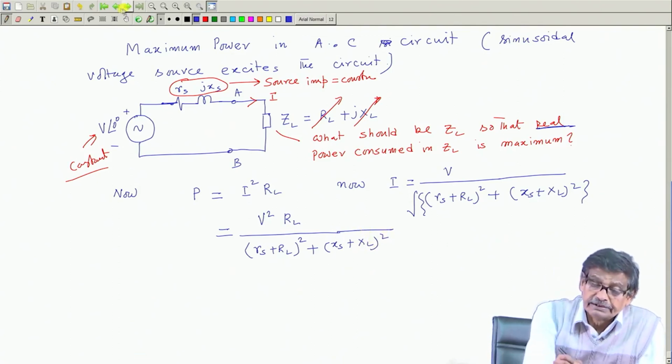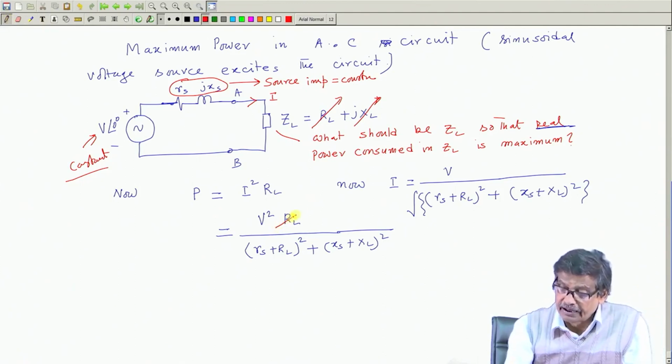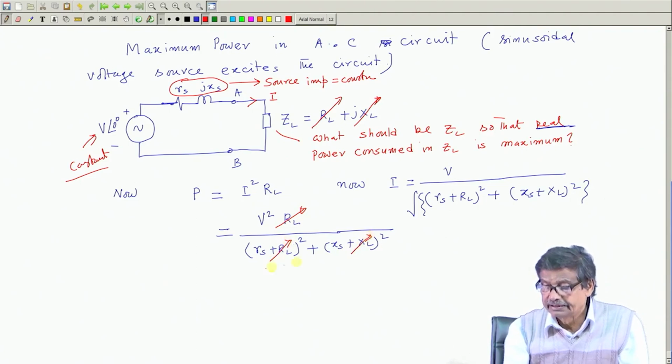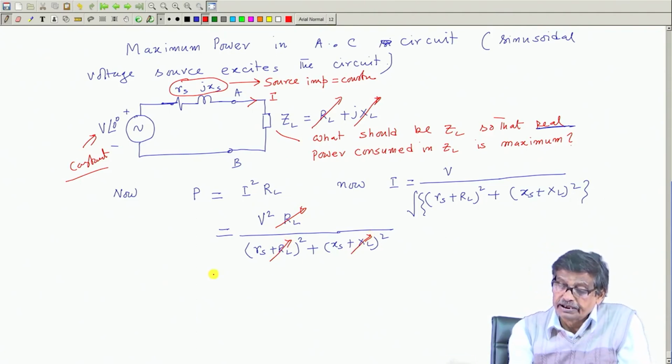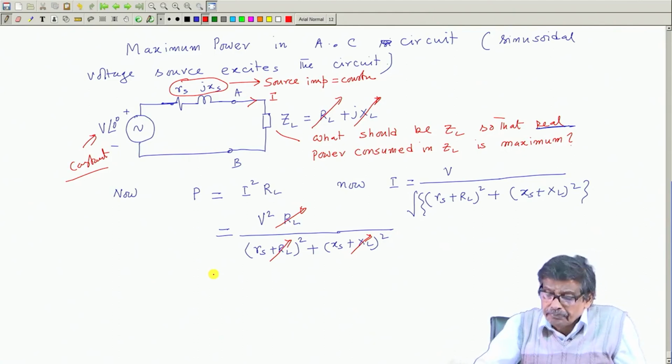And in this expression, what are the things I will be varying? I will be varying RL as well as XL, other things are constant. I want to find out what should be RL and XL.